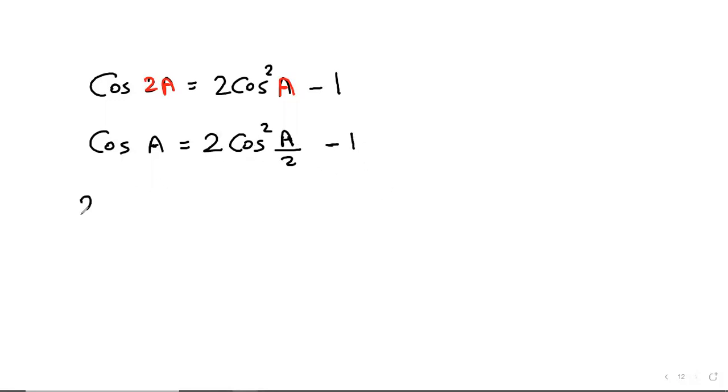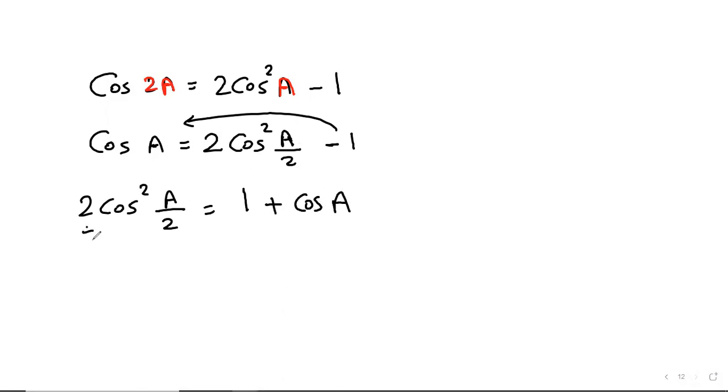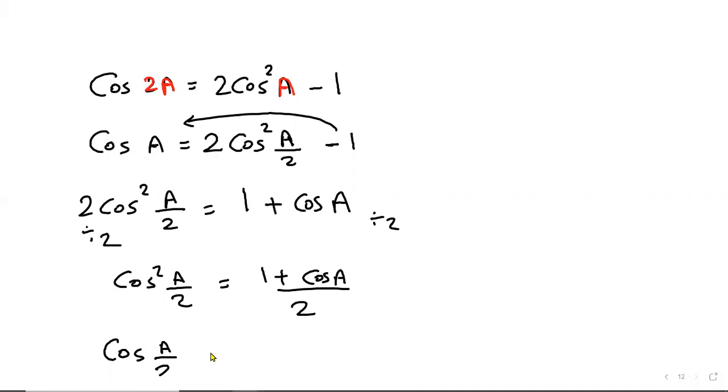From that, 2 cosine squared A over 2 is equal to, moving negative 1 to the next side, 1 plus cosine A. Then divide by 2 both sides. So cosine squared A over 2 is equal to 1 plus cosine A over 2. Then cosine A over 2 is equal to positive or negative the square root of 1 plus cosine A over 2.